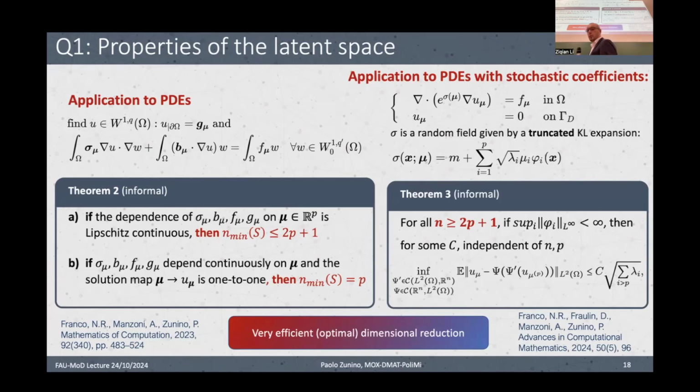And we know that if we take the latent dimension equal to or larger than 2p plus 1, what we can prove is that the expected value of the representation error is only dominated by the truncation error of the Karhunen-Loève expansion of the random field, but there is no role of the representation error of the autoencoder. So the representation error due to the autoencoder approximation can be sent to zero. In essence, the message is that these techniques provide a very efficient way to perform dimensionality reduction.